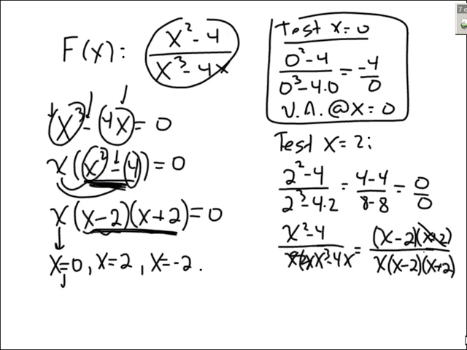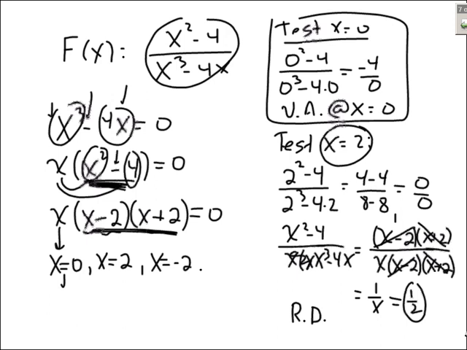Well, the x plus 2's cancel, one from the top, one from the bottom. Same with x minus 2. So we get 1 over x. And when we plug 2 in, we get our half. As long as you get back an intelligent answer, that is the bottom's not 0, you have a removable discontinuity at x equals 2.